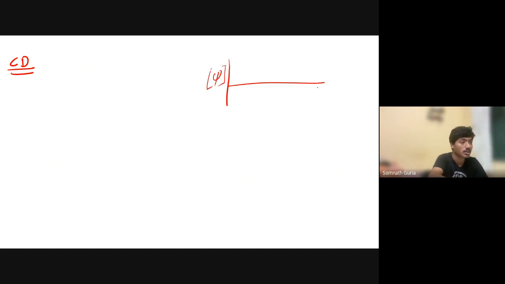Now, on the other hand, if we talk about CD spectroscopy, we have the ellipticity, psi, versus wavelength, plus or minus psi, which is actually associated with the absorbance.